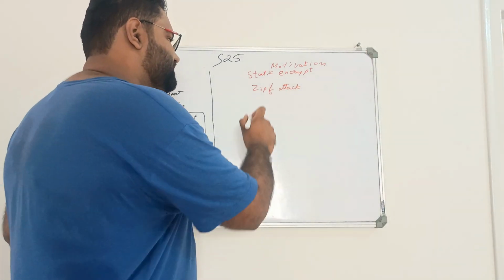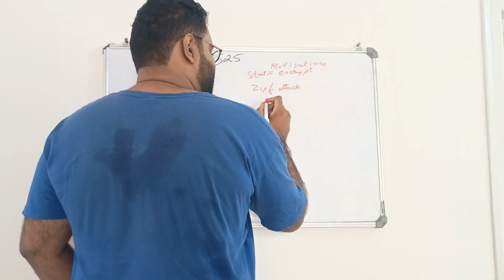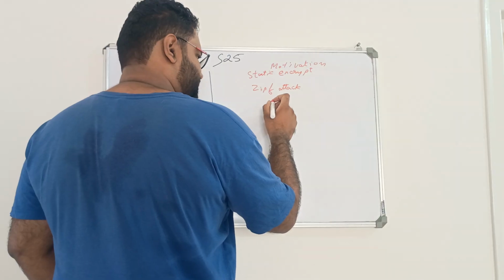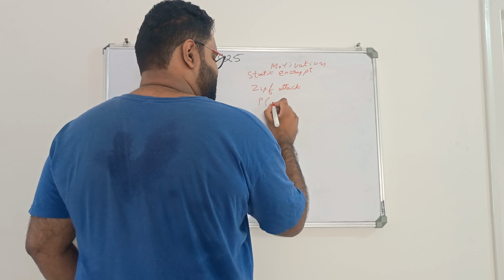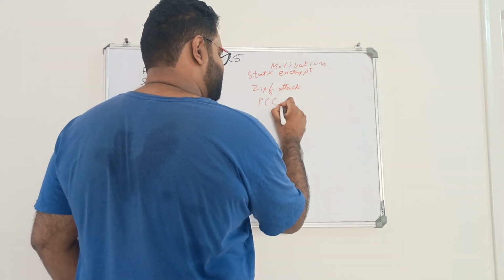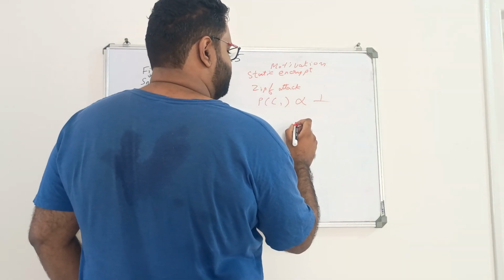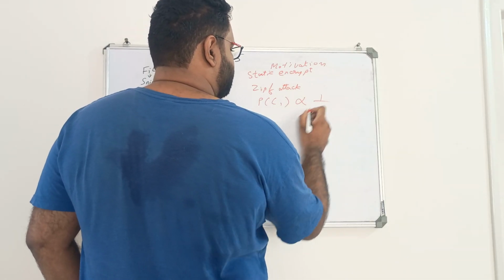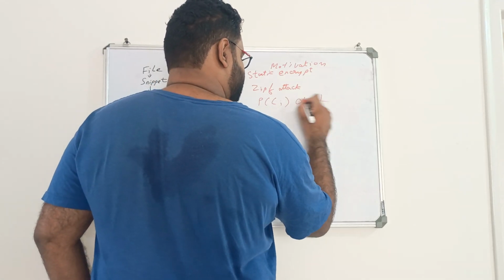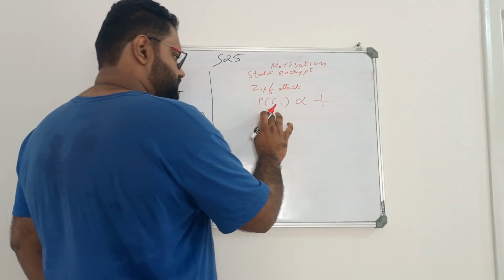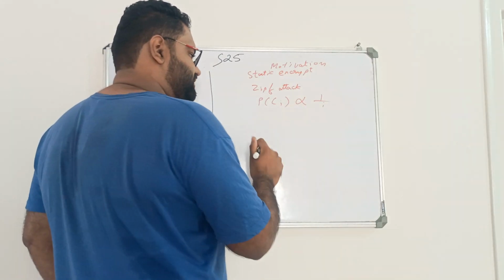It comes from Zipf's empirical statement, which says that the frequency or probability of some character Ci is proportional to 1 over i. Let's look a little bit into this.